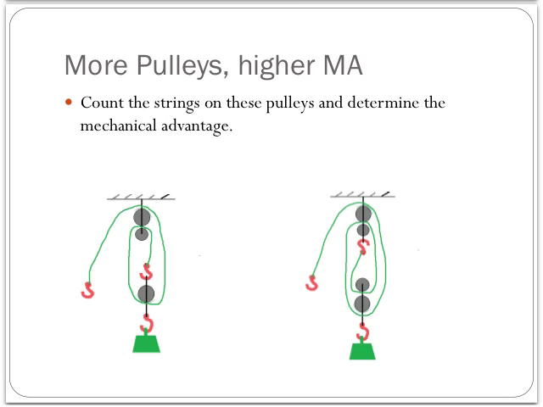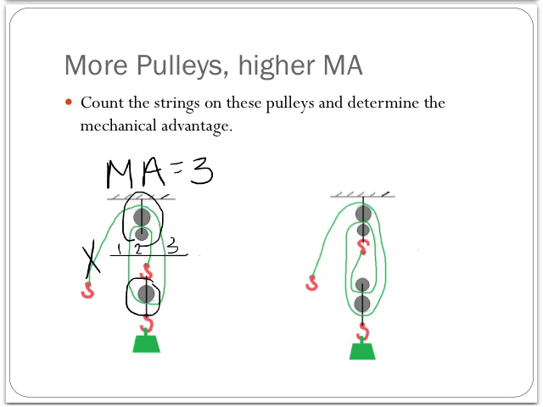So remember, string going down does not count. Draw a line through the middle of your pulley system. The middle is going to be the space in between the top pulleys and the bottom pulleys. So that's why I drew it here. Count the number of strings that you cross. 1, 2, 3. So the mechanical advantage for this is 3.